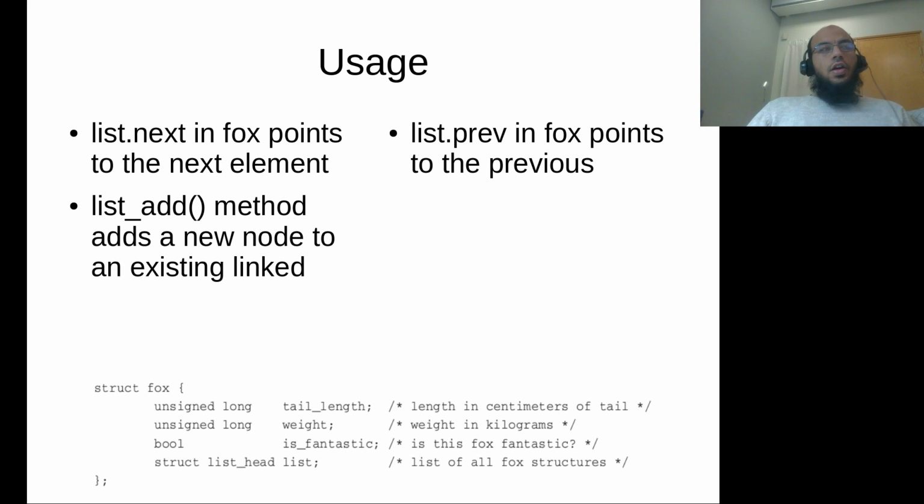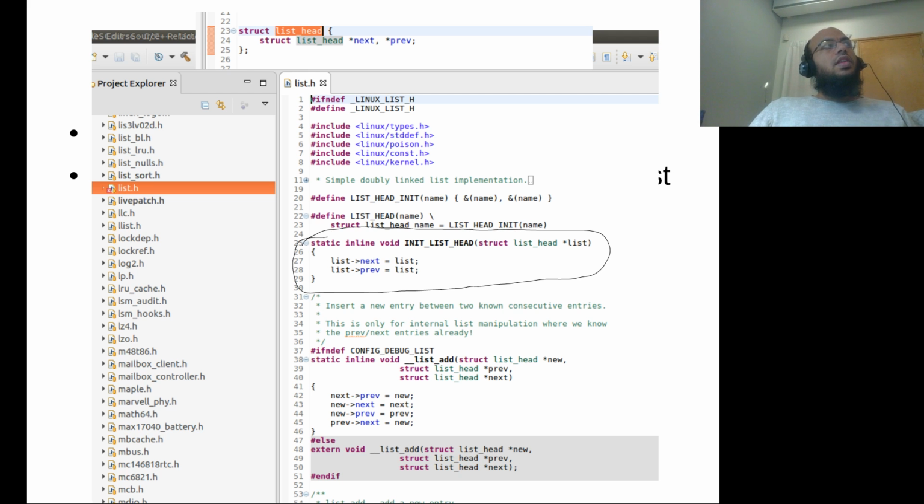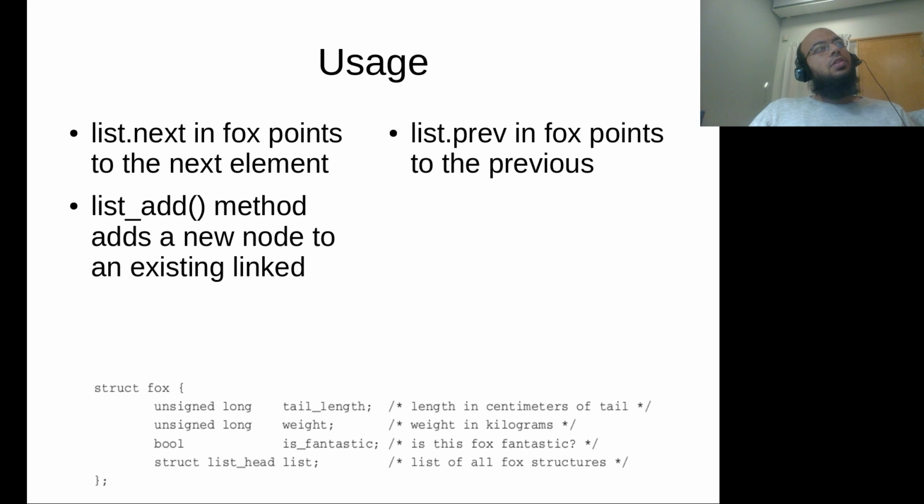Okay, and then once you do that, you include this struct list head list, and this is something that is defined in lists.h, and it's basically how you make your linked list happen. So you include struct list head list, and then you set up list.next to point to the next element. I mean, this you could call linked list.